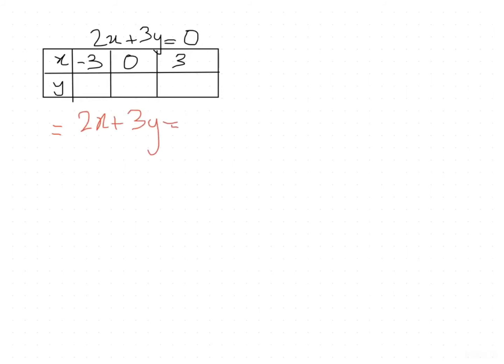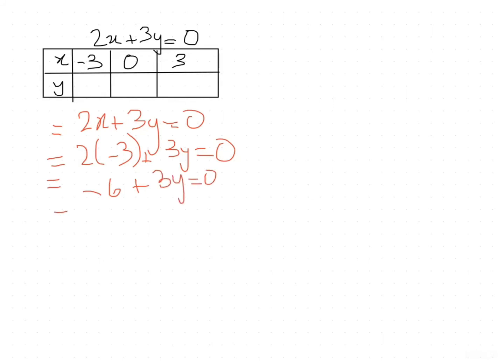Then 2 times -3 plus 3y equals 0. Then -6 plus 3y equals 0, so 3y equals 6. Simplifying it, we get y equals 2.